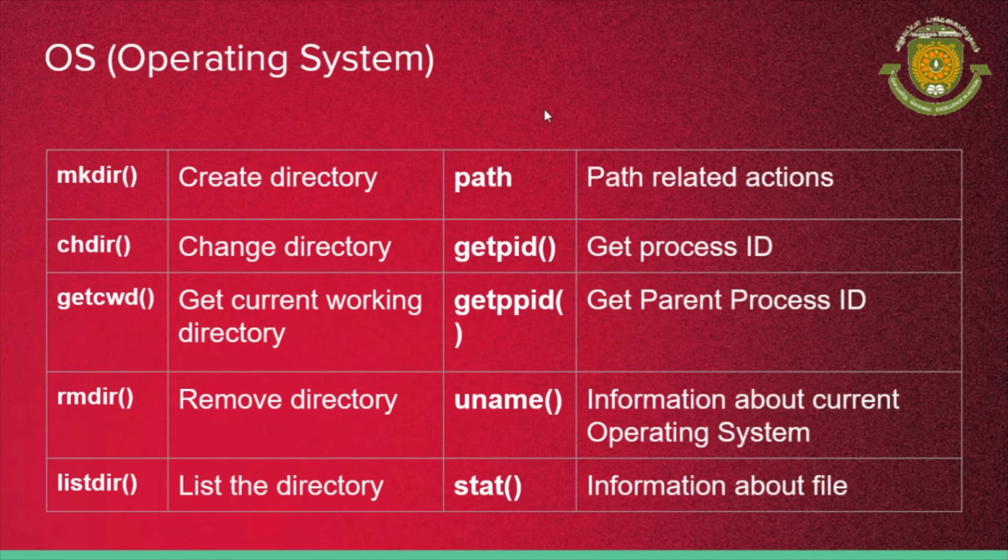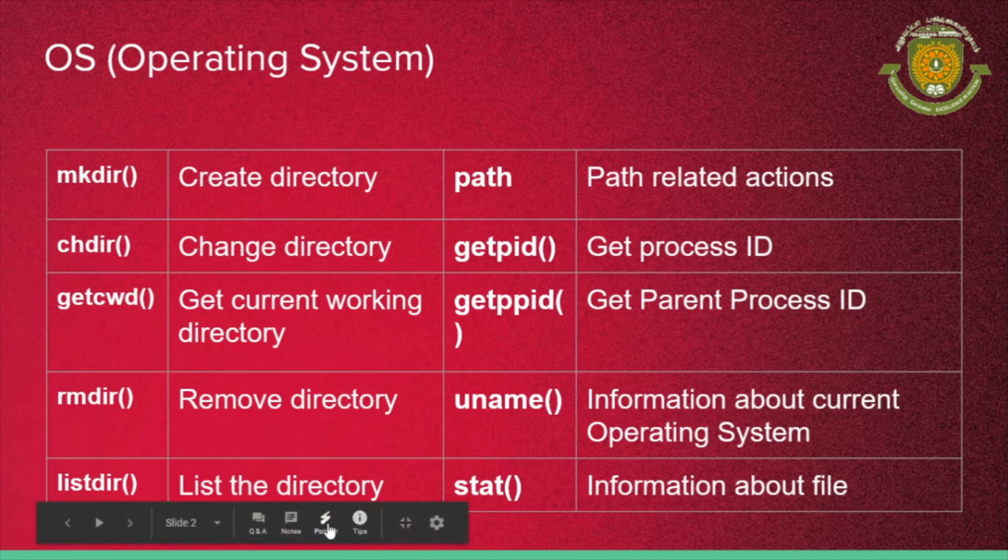OS, as we have seen, a very minimal methods from operating system module. Here I have given a short description. mkdir will create directories, and there is one more method called makedirs.